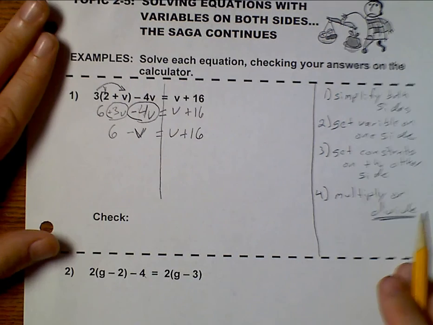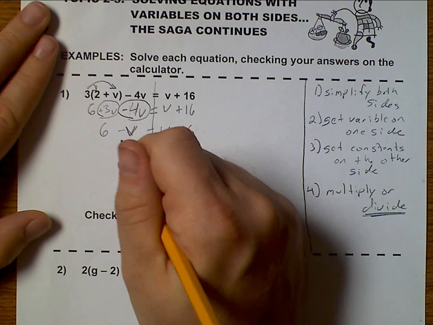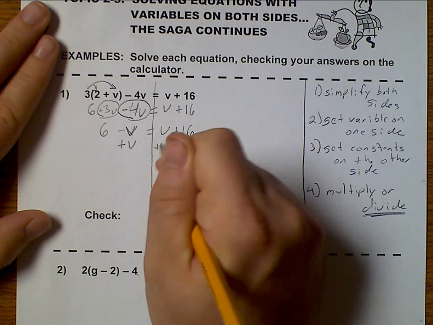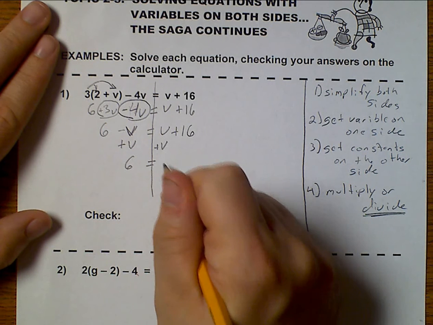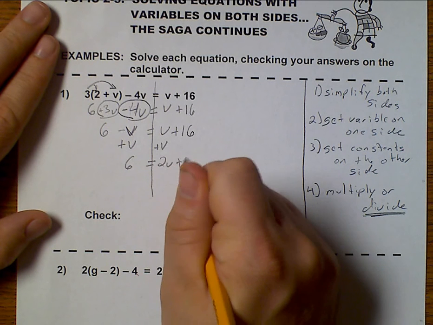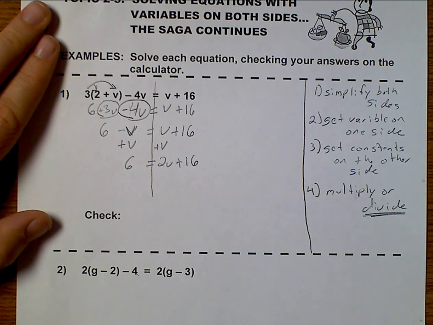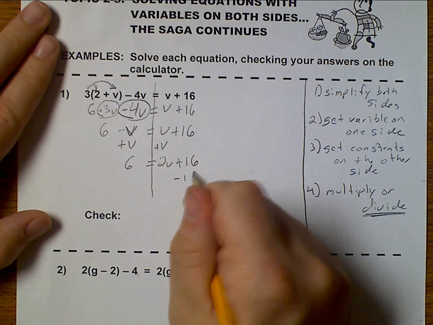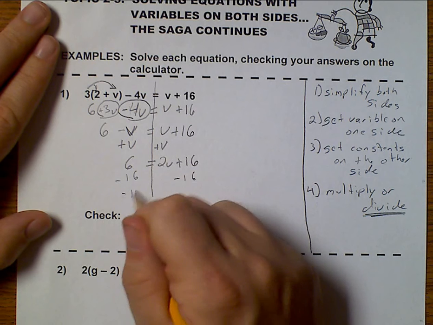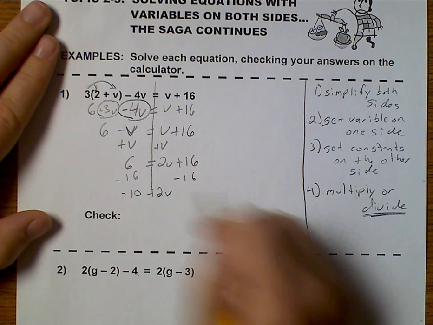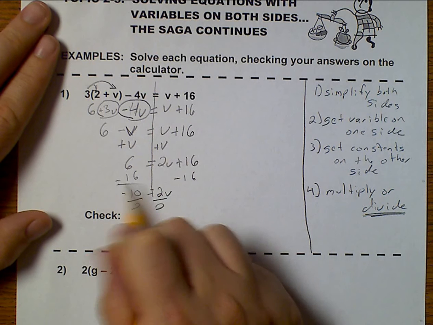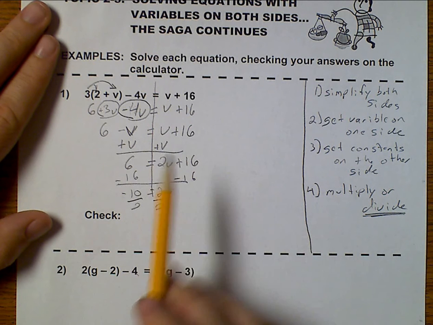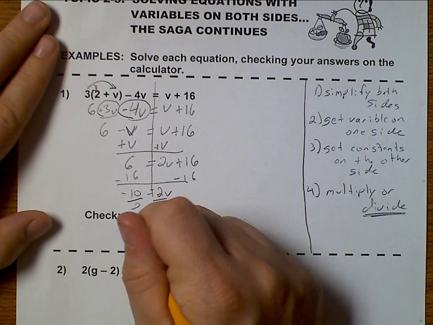Now, I don't like having a negative, so I'm going to go ahead and do plus v on both sides, giving me 6 equals 2v plus 16. Now we will subtract 16 from both sides. I get that negative 10 equals 2v. And my last step would be just to divide by 2, and I get that negative 5 equals v.